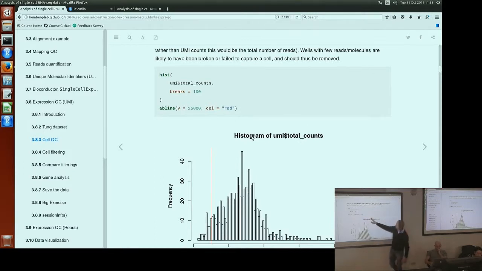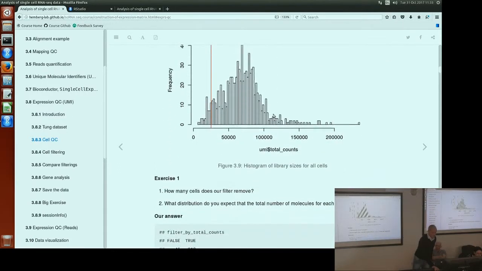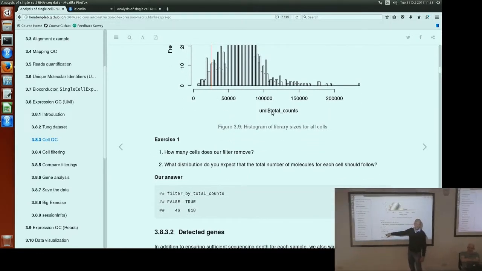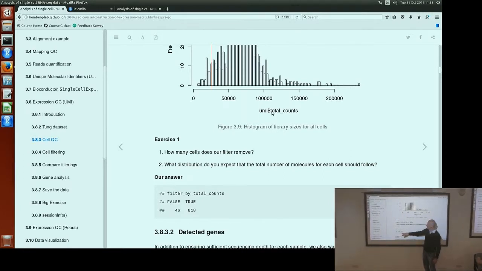Our filter will remove all cells that contain less than 25,000 counts, and we'll keep everything else. If we apply this filter, this will remove 46 cells and will leave around 800 cells in the data set. So this is our first filter.